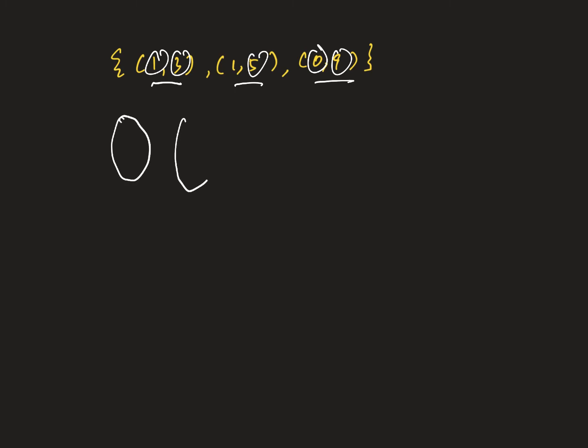To make it clearer, if you use the arrow diagram, it will be 0 and 1, and the images are 3, 5, and 9. So we have ordered pair 0, 9. That's one relationship, and 1 has two images, 3 and 5. So from here we know this is a 1 to many relation.